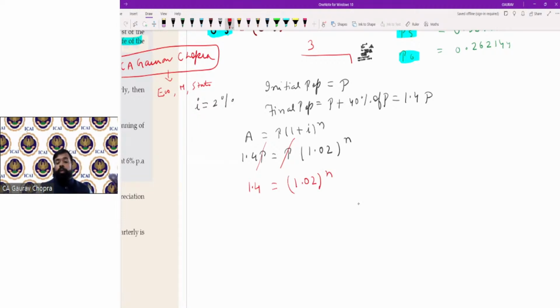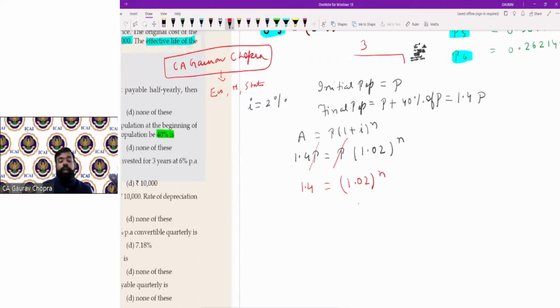Now how you have to calculate? 1.02 to the power of N you have to calculate. So type 1.02, press multiply and then equal to on the calculator. So this is equal to 1, 2, 3, 4, 5, 6, 7, and so on. We have to count and see when you are getting 1.4.